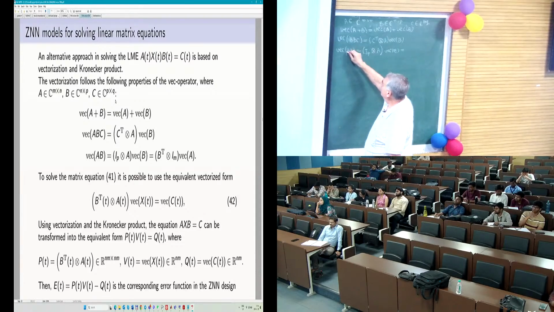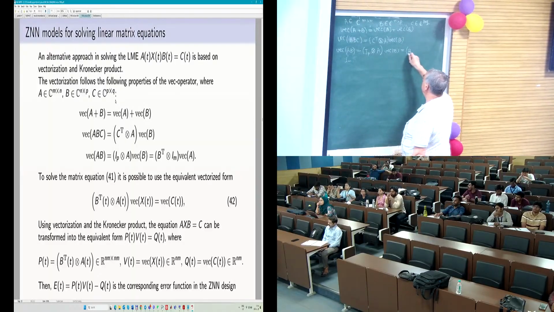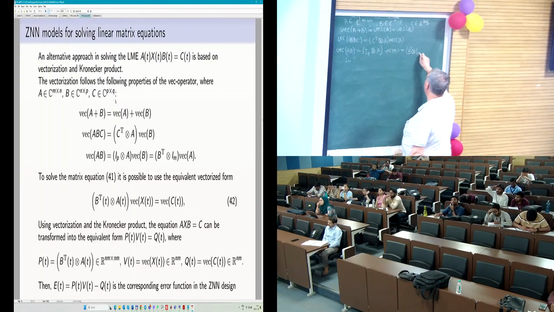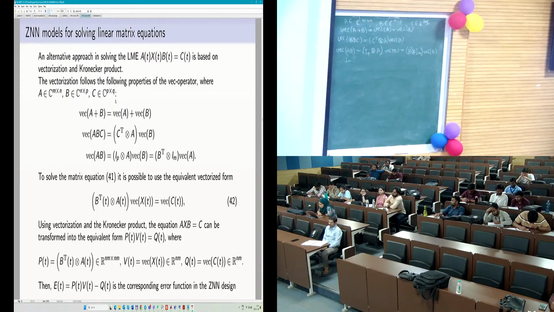Here we can consider the identity matrix Im, and we will obtain B transpose Kronecker Im, with the width of A. It can be considered in two different ways, and it is frequently used.